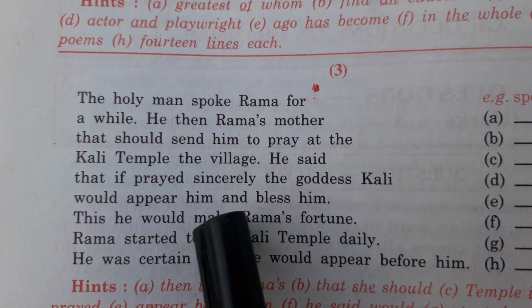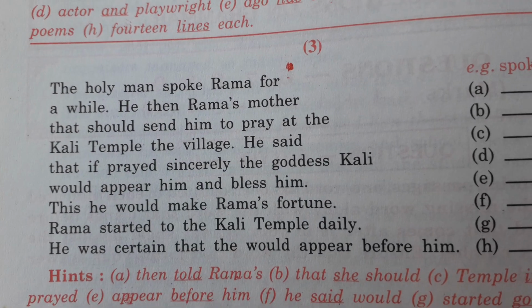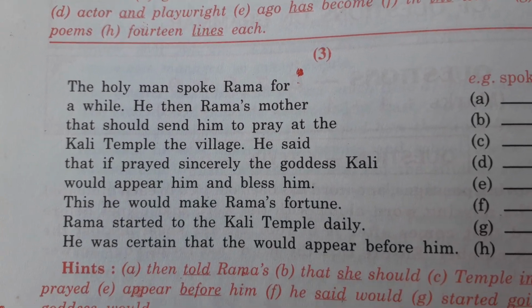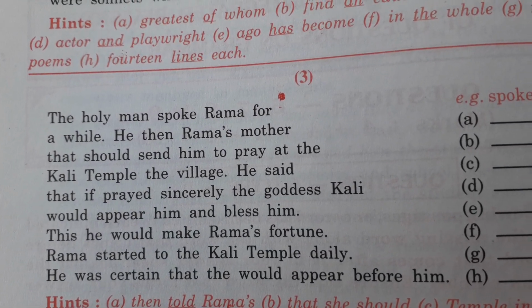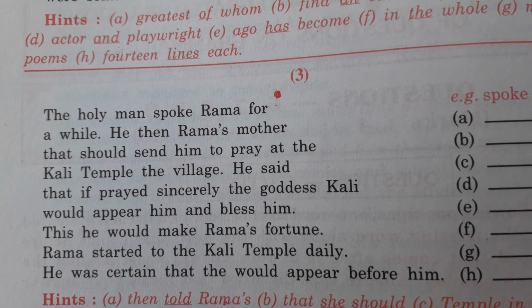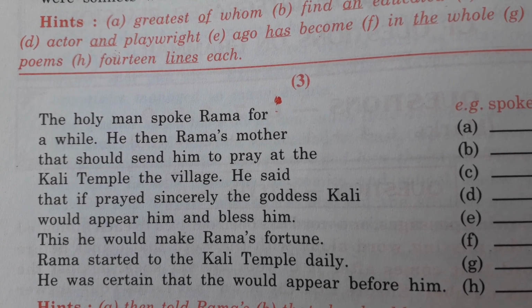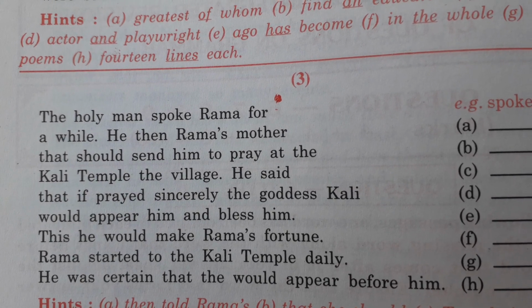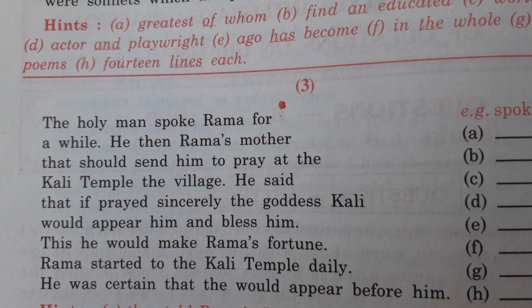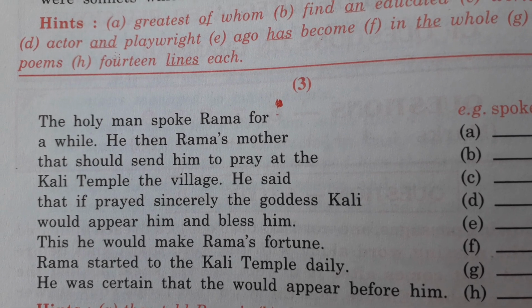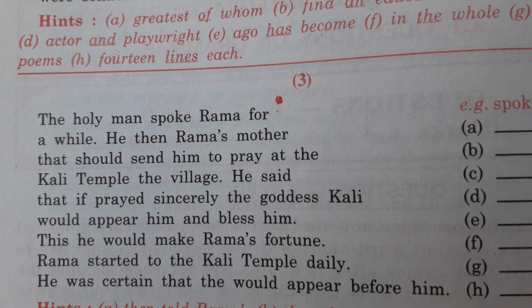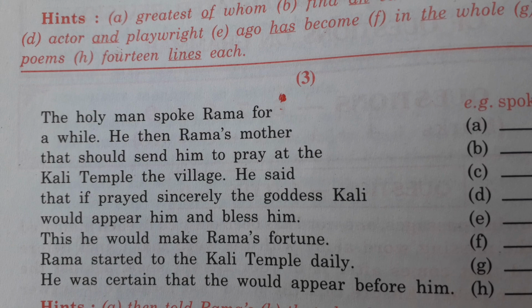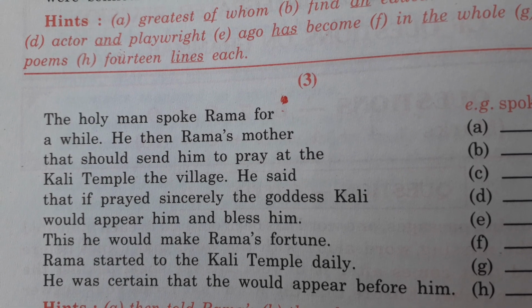Yes, let's do the next one. The holy man spoke Rama for a while. He then Rama's mother that should send him to pray at the Kali temple, the village. He said that if prayed sincerely, the goddess Kali would appear him and bless him. This he would make Rama's fortune.